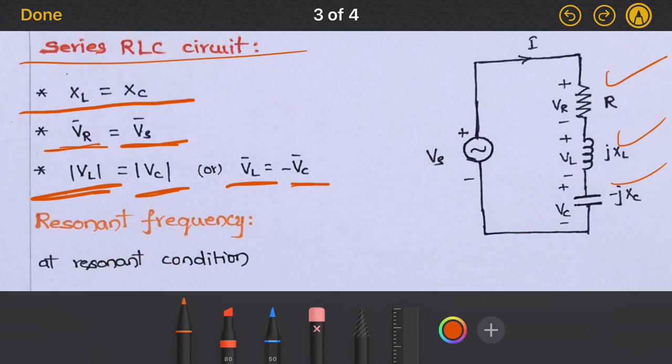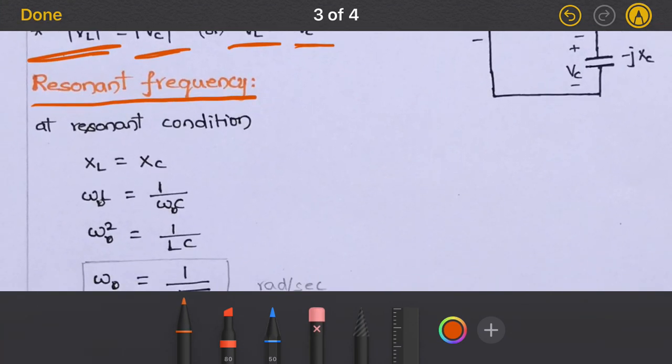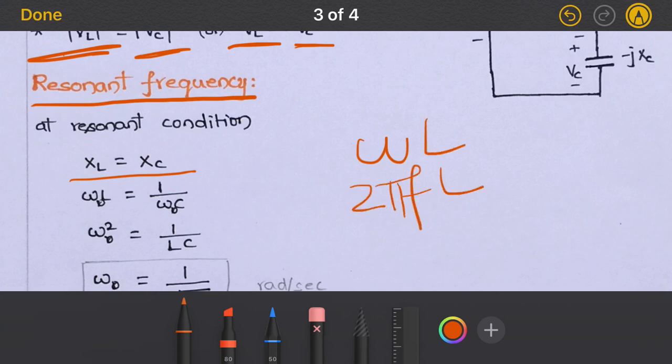Now, how do we calculate the resonant frequency, that is the oscillating frequency? We know for the series RLC circuit XL equals XC. Here XL equals omega L, where omega is 2 pi f, and f is the resonant frequency.